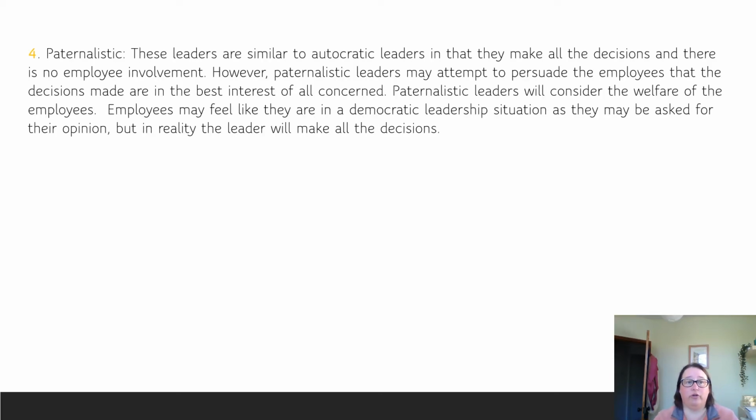The fourth one we're looking at is paternalistic. Now, paternalistic is, as it says, similar to autocratic leaders, and they are, as in they make all the decisions, but it does have some involvement from democratic, and quite often they get crossed over between the two, paternalistic and democratic.